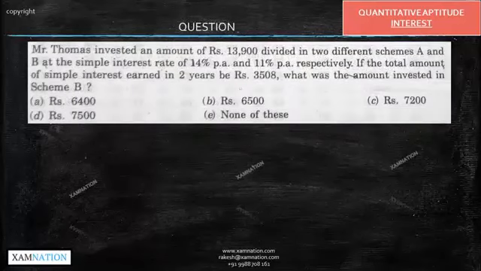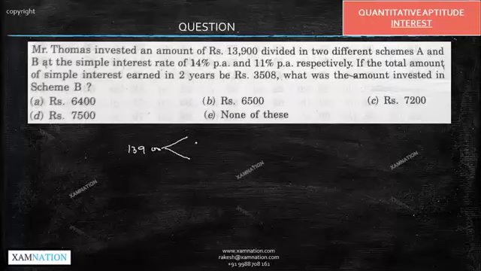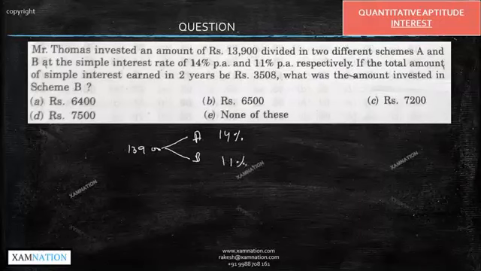So let's see the next question. Mr. Thomas invested an amount of rupees 13,900 divided into two different schemes A and B. The first scheme gives a simple interest of 14%, and the second scheme gives a simple interest of 11%.